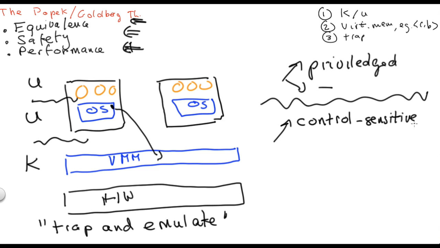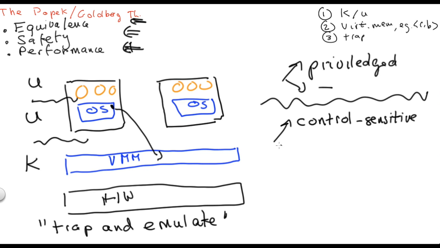Now in our case, in this very simple computer model, the control state of the architecture is the bit that says whether you're in kernel mode or in user mode, and then the relocation and bound registers which define virtual memory. If an instruction can access these bits, it can know whether it is running in a particular environment, and if you are running in a virtual machine rather than on the underlying hardware, these settings will fundamentally be different. And so control sensitive instructions form an important class of the architecture.